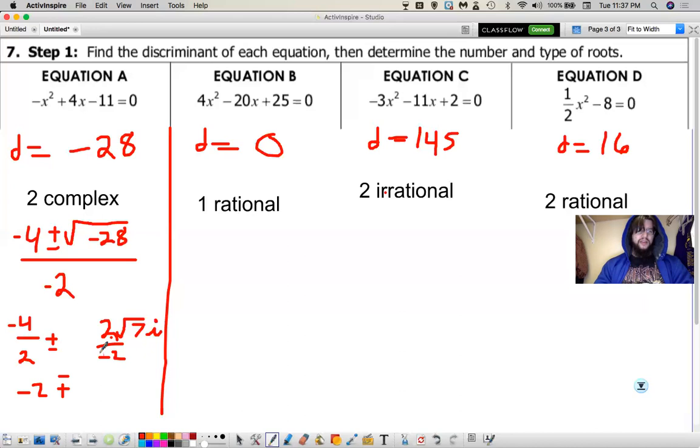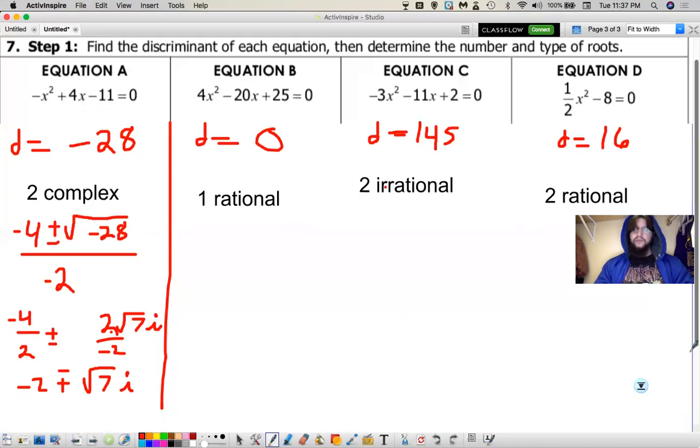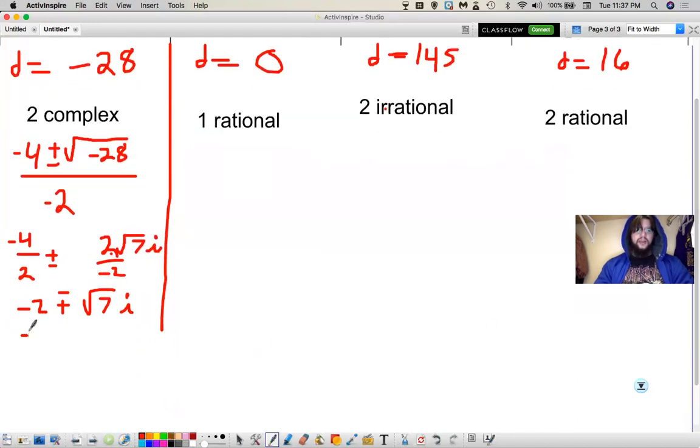It really doesn't matter. But 2 over 2 is 1, so it's just square root of 7i. So it's negative 2 plus square root of 7i, negative 2 minus square root of 7i. And that is how we solve it using the quadratic formula.